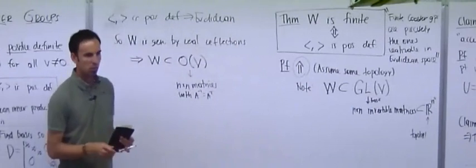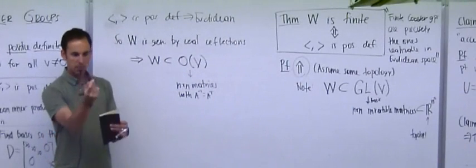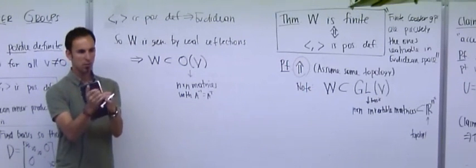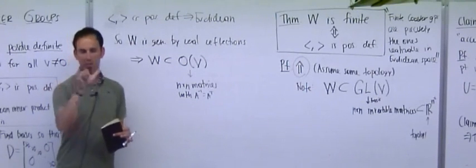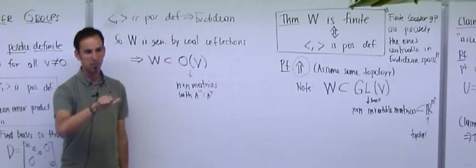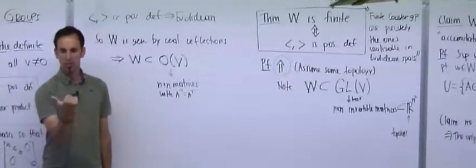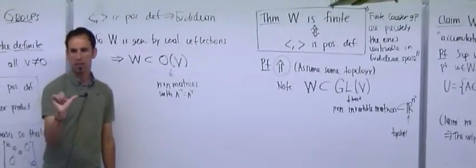What does a real reflection do? Well, a real reflection fixes a hyperplane and sends one vector to its negative. So you can choose a basis so that the matrix of that transformation leaves everything alone except that it changes one thing to a negative sign.